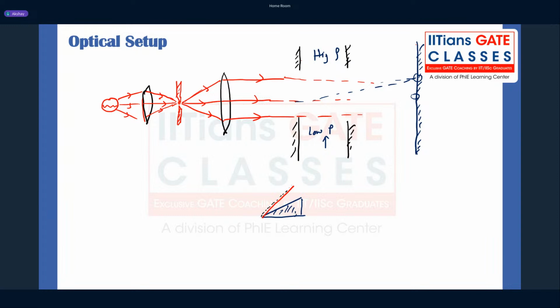That means the dark region is the place where you have a low density, and the bright region is the place where you have a high density. So across it the density has changed. So what you qualitatively infer is that that is the location where the shock is present. When it changes from dark to bright, that is the location you infer as the shock wave. Got it?